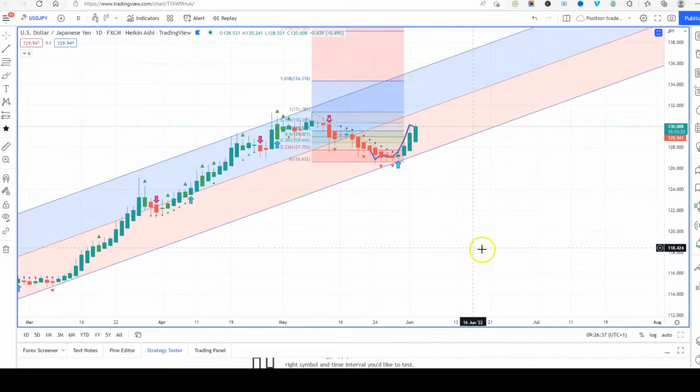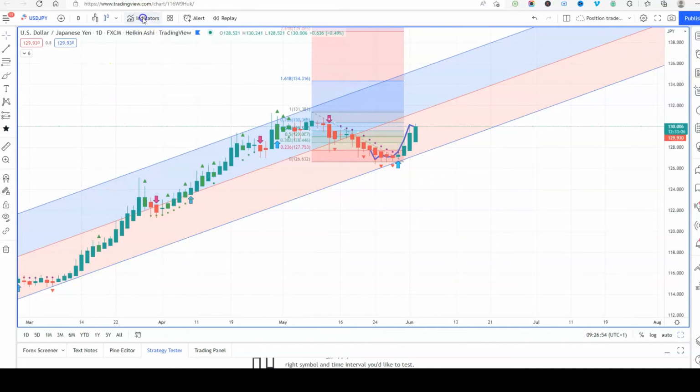So in this first instance, I've got the US yen. I'm going to focus on this one for now because it tends to be quite a big mover. And the only indicator you want is the regression trend channel.